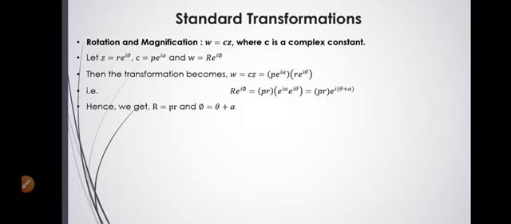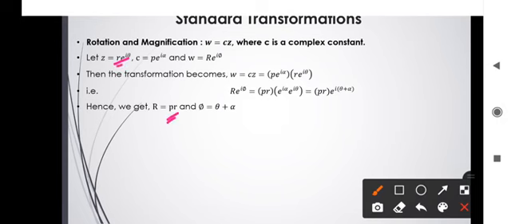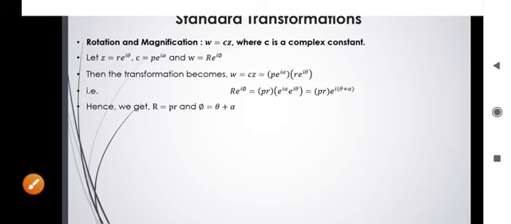So in this way it is clear that the original radius is now magnified, and also there is a change in the original angle theta by alpha. So it is called rotation and magnification.